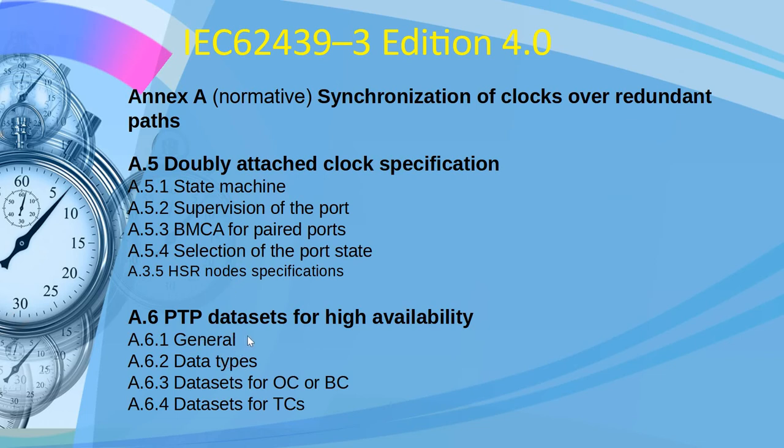Chapter number 6 in the Annex A includes the following contents: PTP datasets for high availability, general data types, dataset for ordinary clock and boundary clock, dataset for transparent clock.